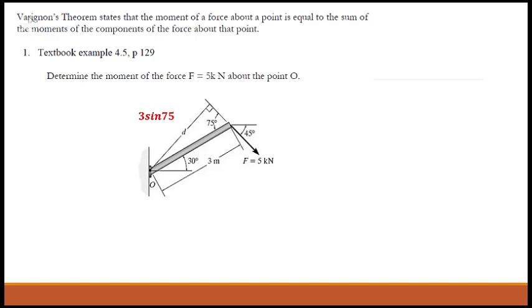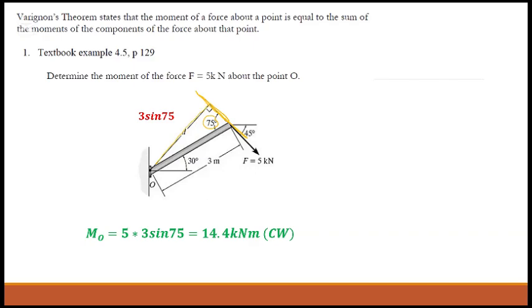So here, you can do it like this as well. Because this angle is 75. Yes. And if you extend the line of action of the force, that is this one.